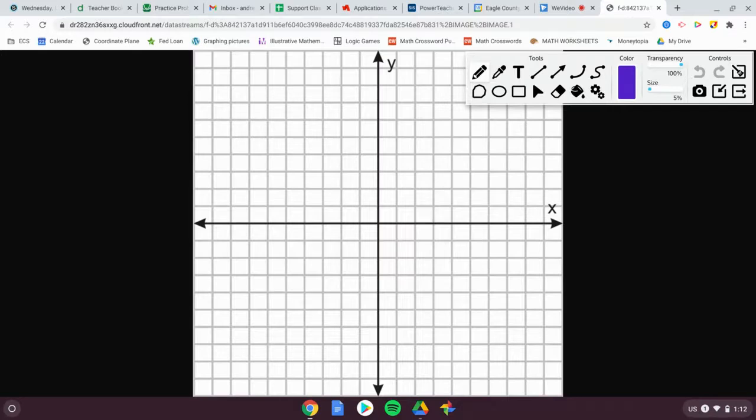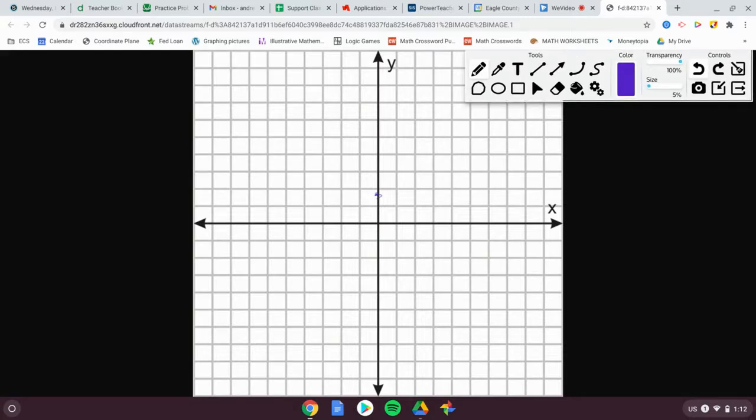All right. So we're going to start off with two lines. We're going to start out with two lines that are parallel. I'm going to start right here. I need to figure this out because I'm using a stylus and it's just a bit off.